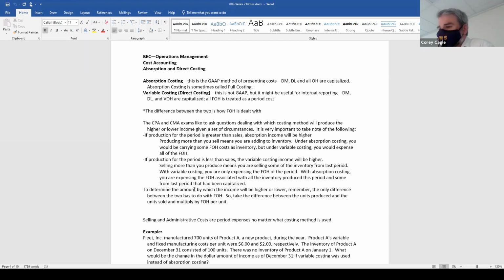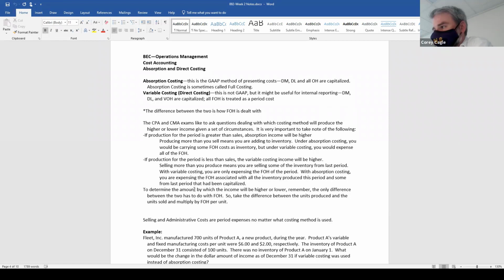So the only difference then in variable costing, which is not GAAP, variable costing is something we might find useful internally. But variable costing is also direct material, also direct labor, but just variable overhead, no fixed overhead. That's the only difference.